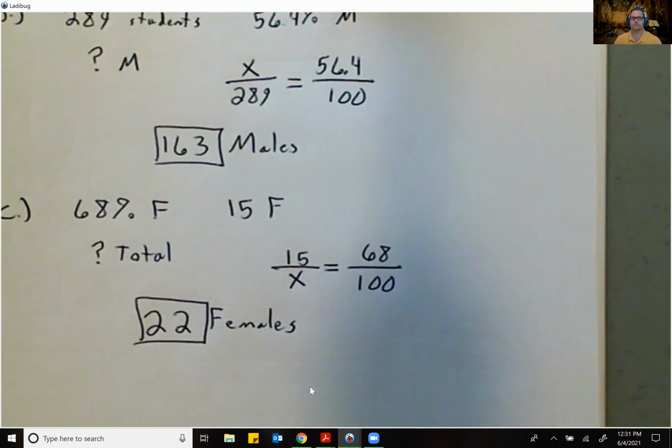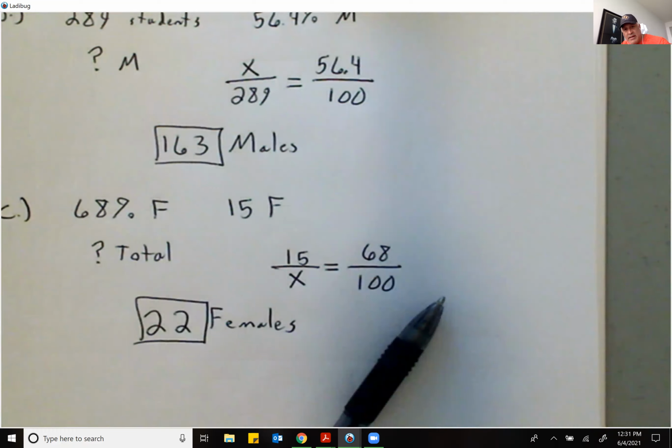Quick answer. Just out of curiosity, I noticed that in this instance the 15 was on top and the X is at the bottom. Why in this particular question?